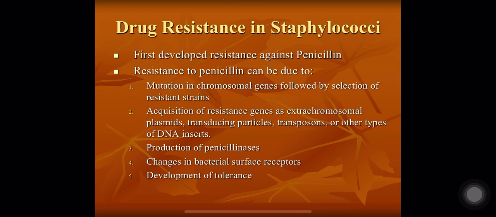There are various methods by which the organism can develop resistance to penicillin: mutation in the chromosomal genes, acquisition of resistant genes as extrachromosomal plasmids, production of penicillinase, development of tolerance, and changes in the bacterial surface receptors. So these are different methods by which the organism can develop resistance to drugs.